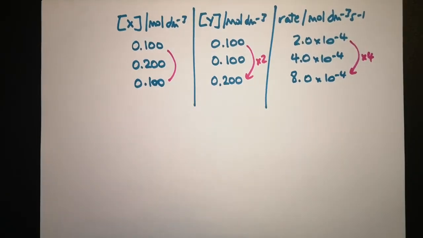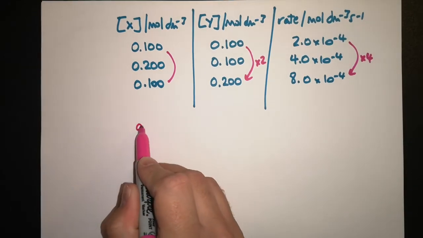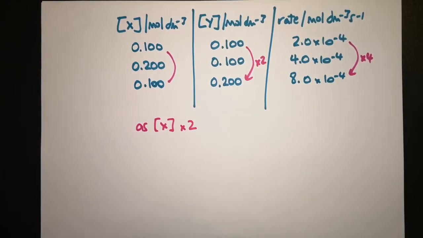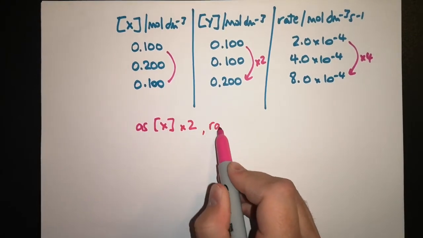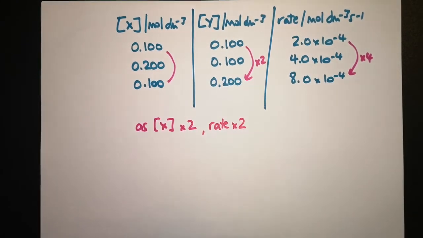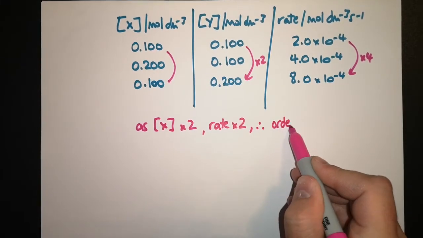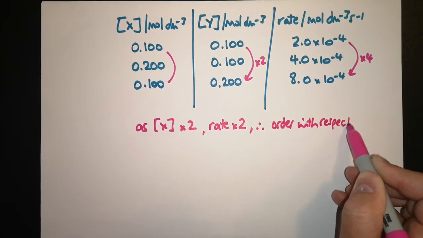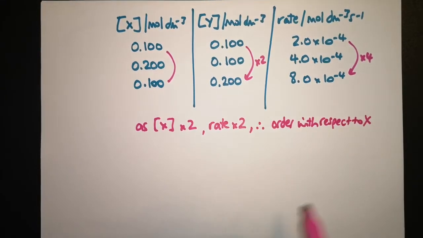So let's just go through how we've proven that. We've said that as the concentration of X doubles, the rate doubles. Therefore, we say that the order with respect to X equals 1.